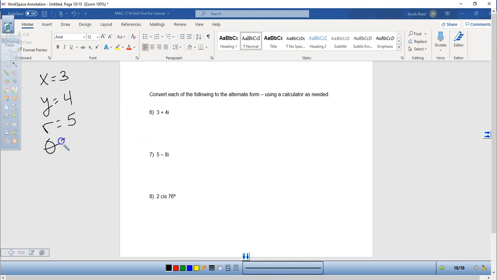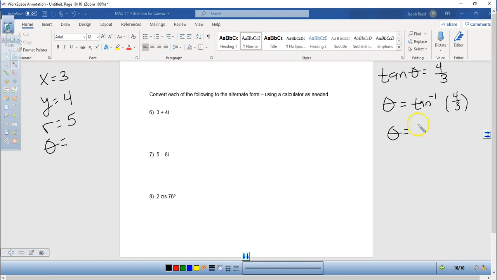And I need to know theta. Well, I need tangent of theta to be 4/3. That's not a reference angle that we know right off the top of our heads. So this is where you need to do theta is equal to tangent inverse of 4/3. That way you get the theta angle.